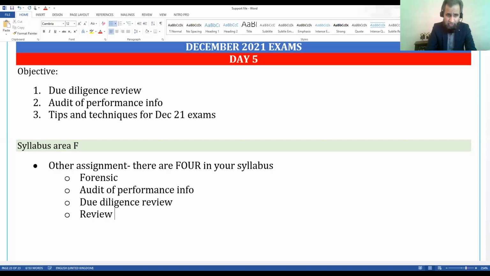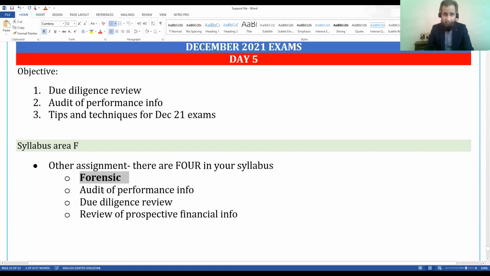review of prospective financial information. Now, we are covering 2 today, but out of the 4, when you look at forensic and the audit of performance information, you have an examiner article on these 2, right? So at least you can get knowledge.